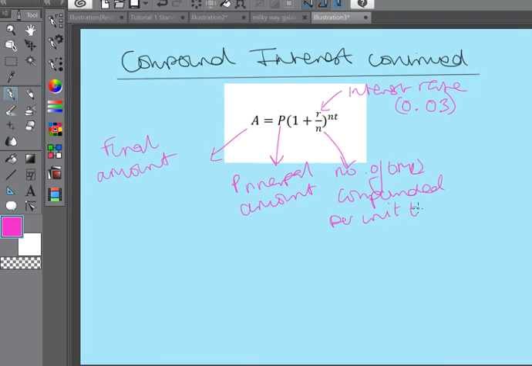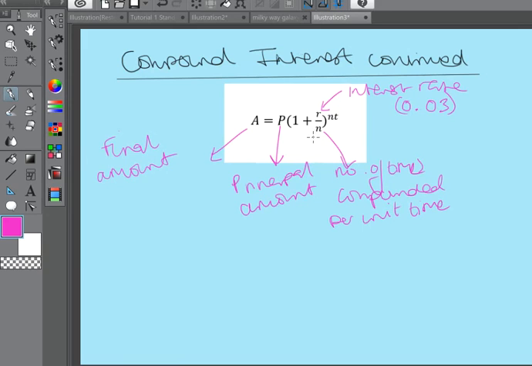And I've said per unit time because in the previous video I spoke about years, but we could be talking about days, or weeks, months, years, so the time period could really be anything. In terms of what that actually means, an amount may be compounded twice per time period.